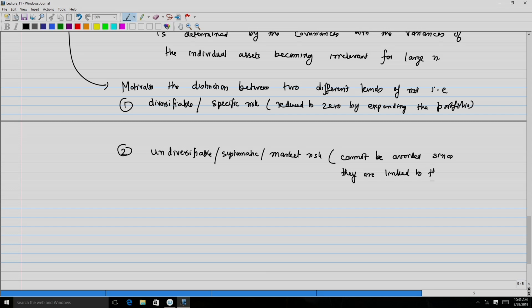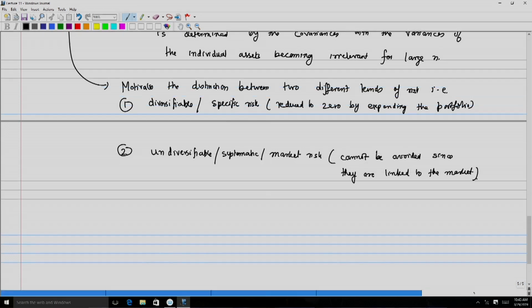to the market. So, let me elaborate a little bit on this, that when you are looking at the risk of the overall portfolio as given by sigma v square, there are two components.